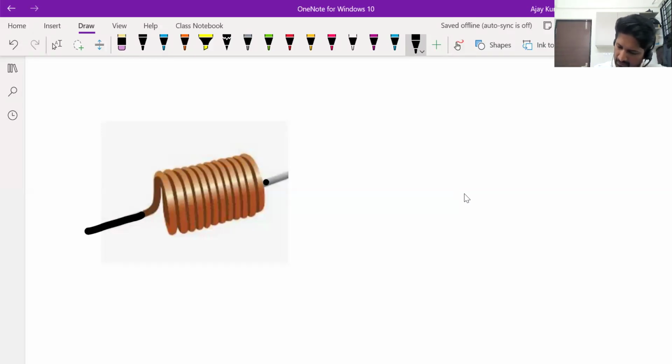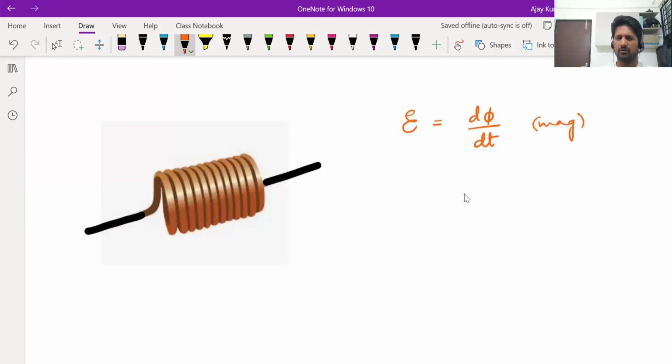Suppose this was the wire and an inductor is placed. According to Faraday's law, we know EMF induced is d phi by dt. This gives the magnitude. The actual formula is minus d phi by dt. Let it be. It depends on the rate of change of magnetic flux.